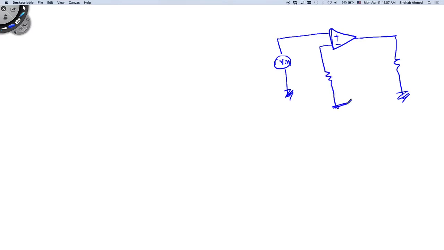Okay, so we have our amplifier. V input is here, ground connection is here, and I'll have here R1, plus minus V output. If I just do this, what is V output equal to?